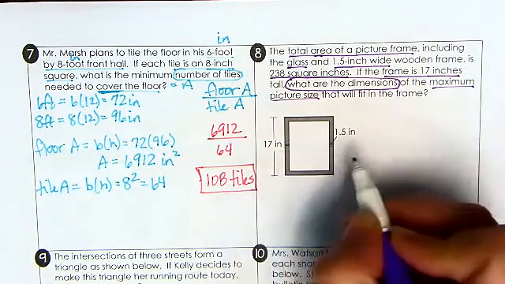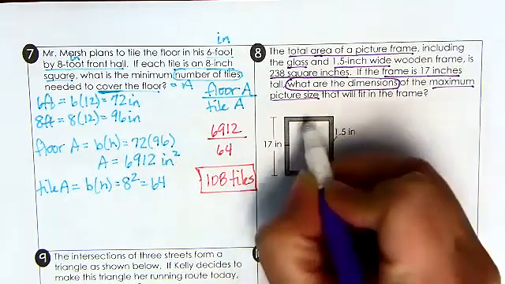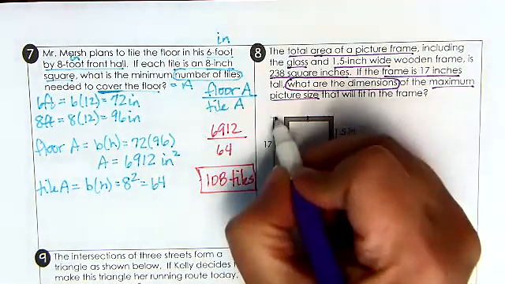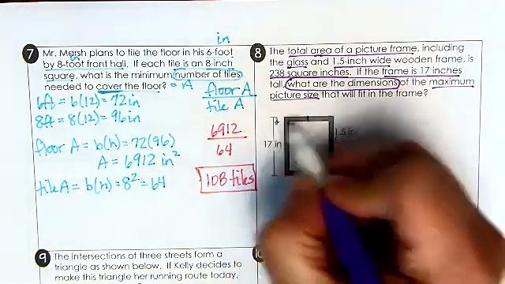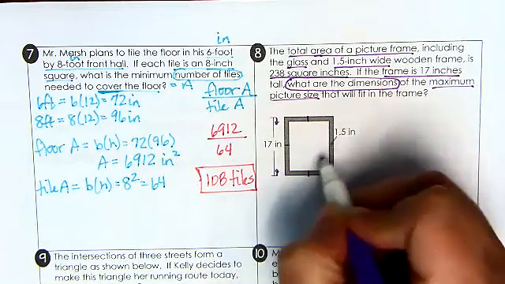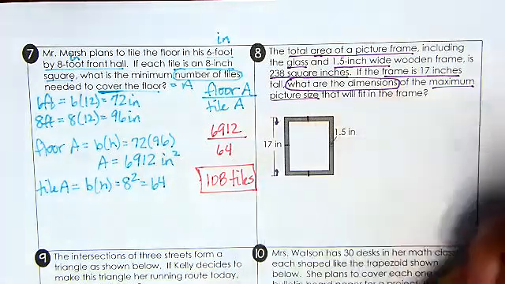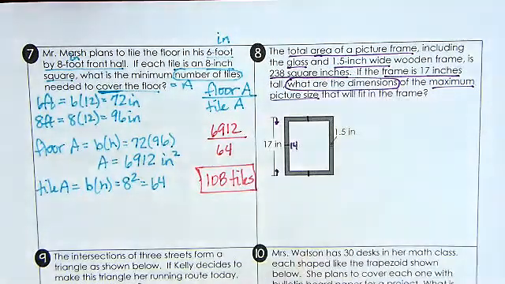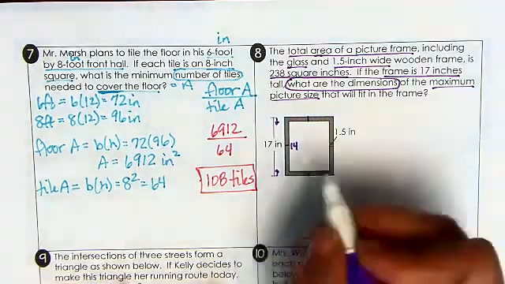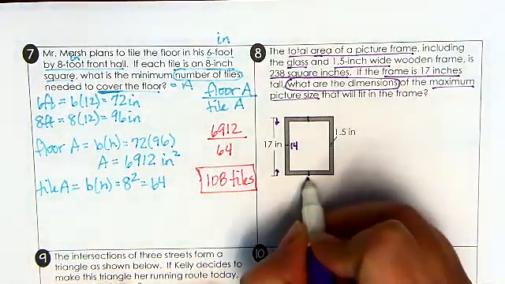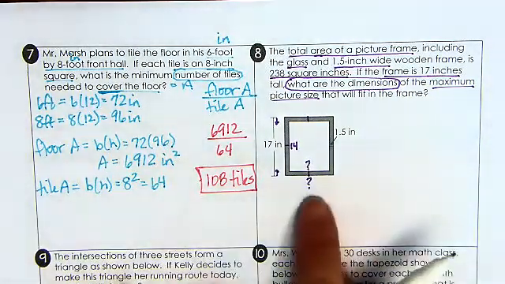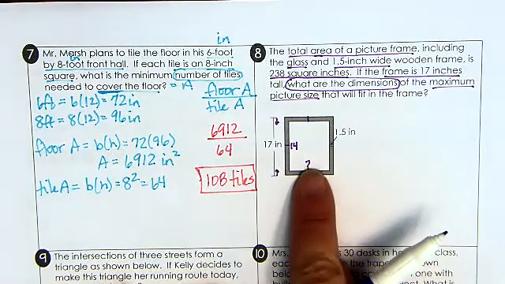It's also 1.5 here, and it's also 1.5 here and 1.5 here. So that means that I'm going to go in here some and in here some. Well, if it's 1.5 on each end, that means it's 3 inches off the total. So therefore, this is a 14. Just so we know that part. What we don't know is this distance here or this distance here. But once we find this one, we can find this one.